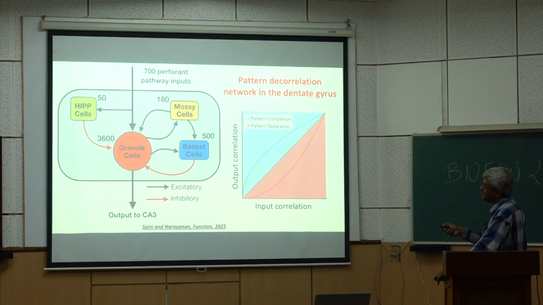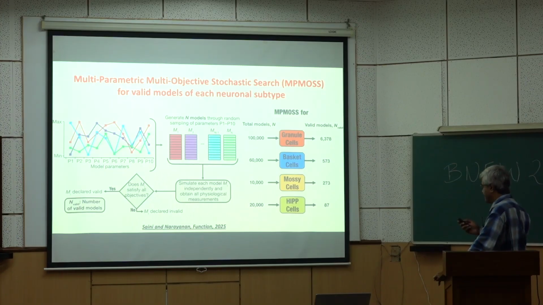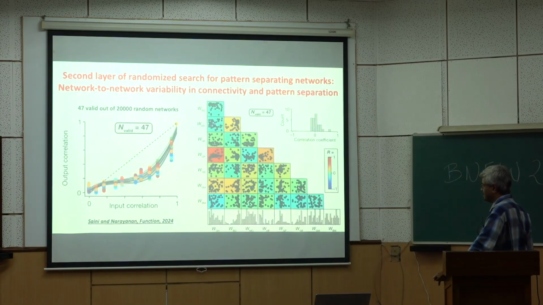So just going to feed exactly the same inputs over here, let the network do whatever it does, get the output over here, and ask questions about whether the output correlation is lesser than the input correlation, right, across all the different kinds of patterns that he generates.